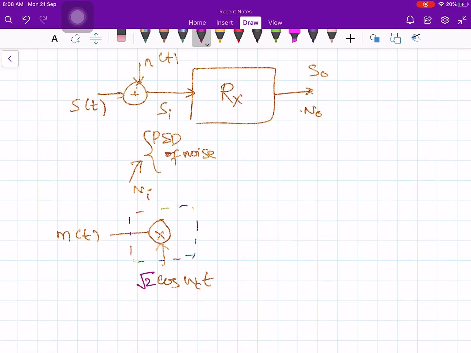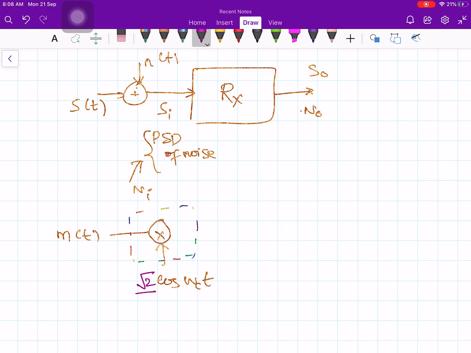Even if you don't introduce it, nothing will change, but I am introducing this root 2 to simplify the analysis. This root 2 has been included to normalize the message power to the same value as before, what we had in a baseband communication system. That's all, multiplying the message signal with the carrier. You can add the root 2 or not, but if you multiply by root 2 cos omega c t, then the manipulation and algebraic simplification will be very easy. That is the reason I am putting this root 2.